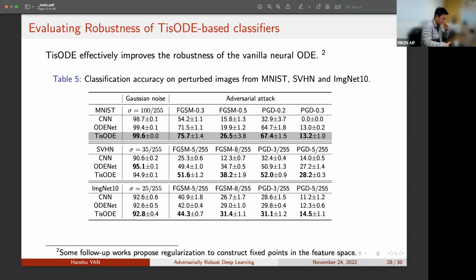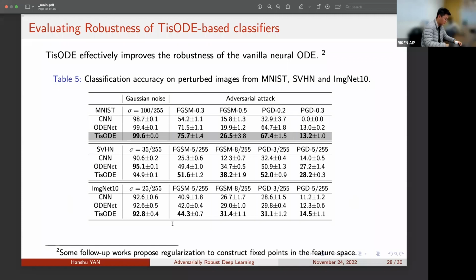And yeah, here, TisODE imposes a steady state constraint on the evolution trajectory of the neural ODE. And actually, this is a weak regularization of the stability, because we just calculate the integral of the dynamics from T to 2T.